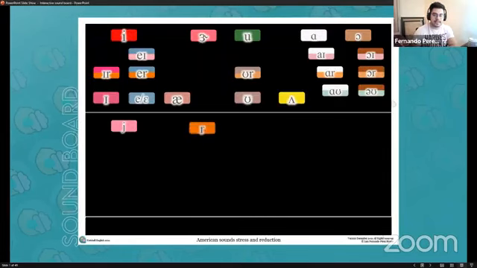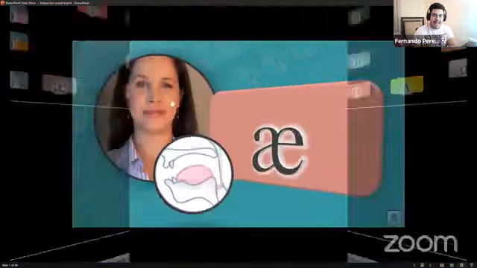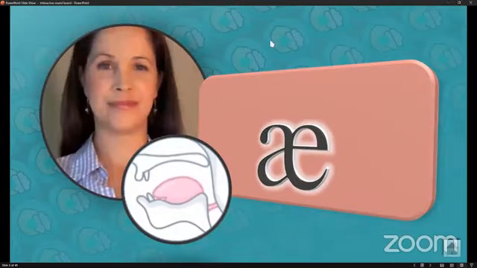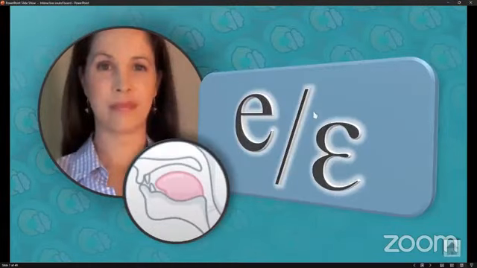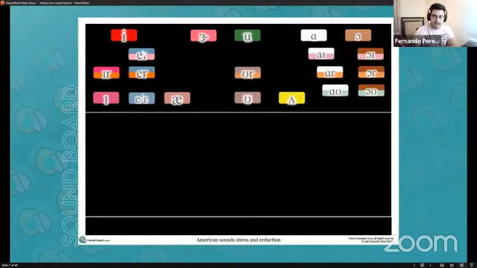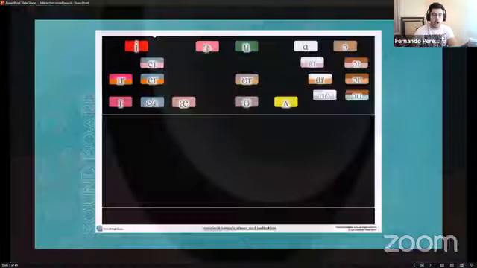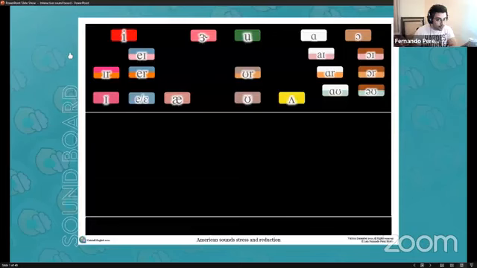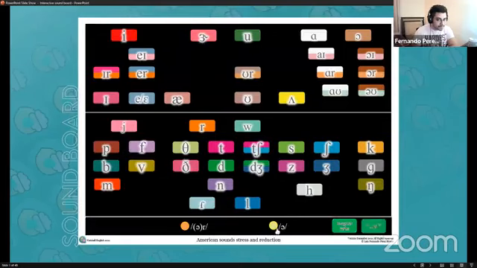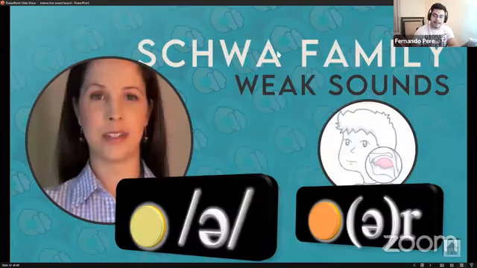You have the possibility a like in Spanish. We have the possibility A like the alphabet: A, B, C, D, E, F, G. This is the pronunciation. Or the schwa.